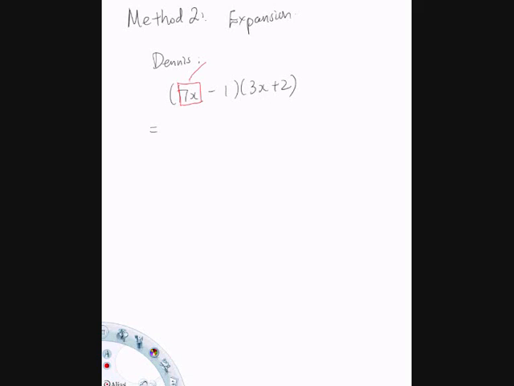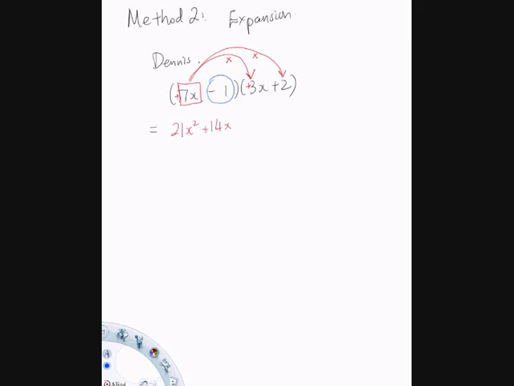By distributing in, we are multiplying in. We multiply 7x by 3x and get 21x squared. We multiply 7x by 2 and get 14x. You need to know that the sign attached to 3x is positive and the sign attached to 7x is also positive, so there isn't any change. Now we work on the negative 1.